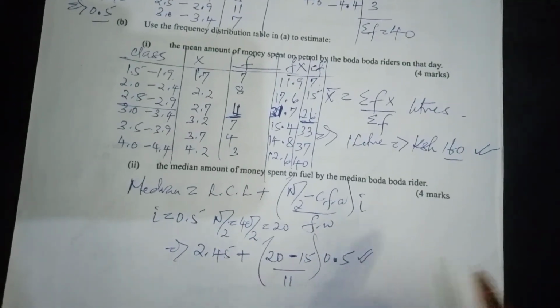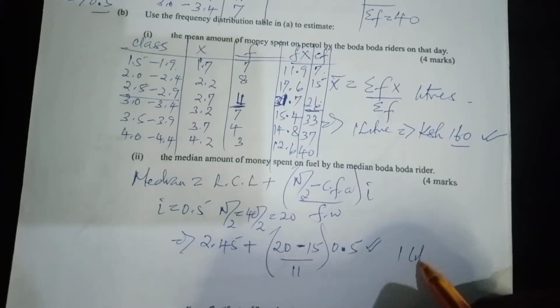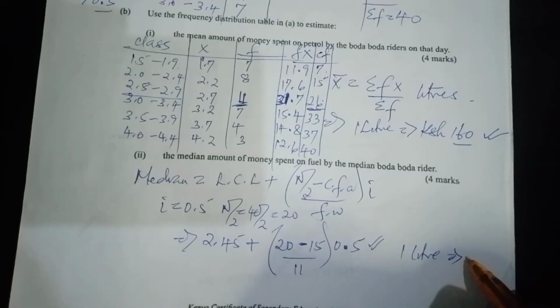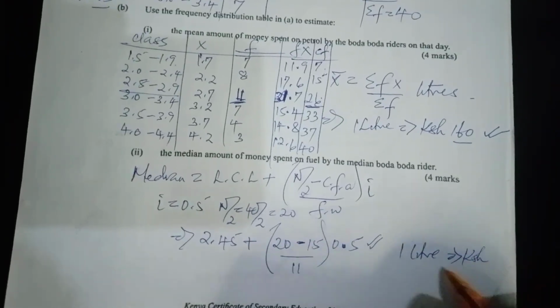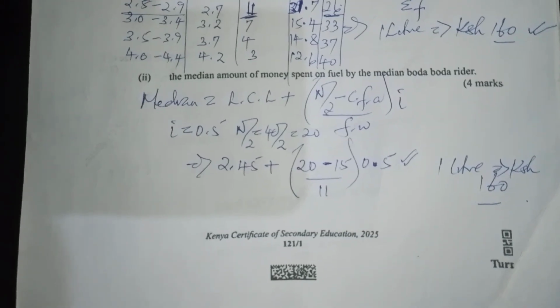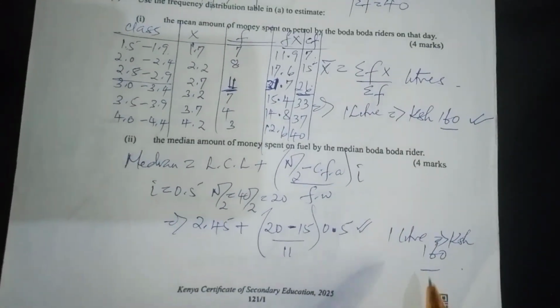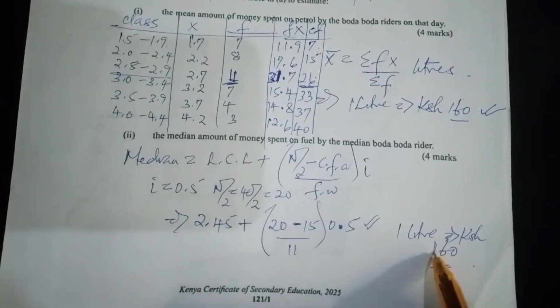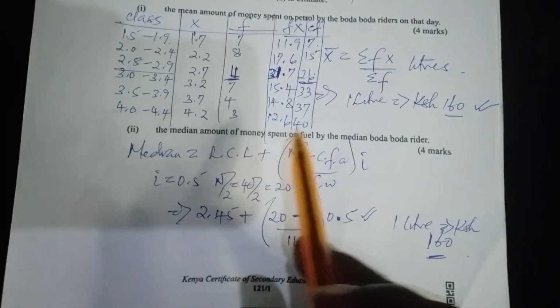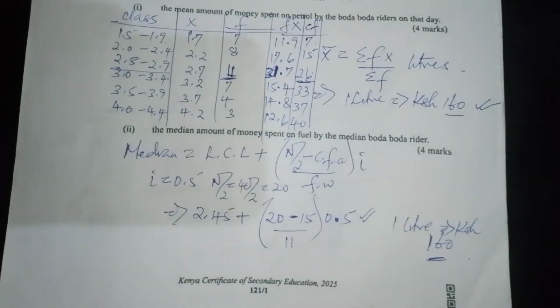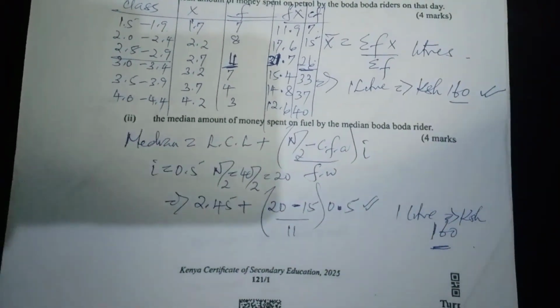After getting the median, you also know that 1 liter costs Kenya shillings 160. So you're going to multiply the median by 160 shillings to get the median amount spent on fuel by the median boda boda rider.